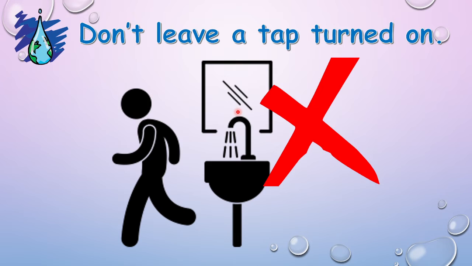If you want to save water, you have to make sure that all the taps in your house or at the school or anywhere else are turned off. Sometimes you even have it turned on a little bit. You don't notice it, but it's still on, right? You don't turn it off properly. So that is wasting water.